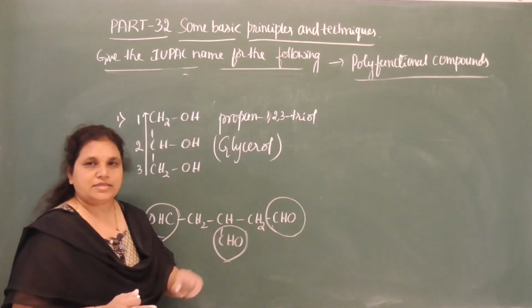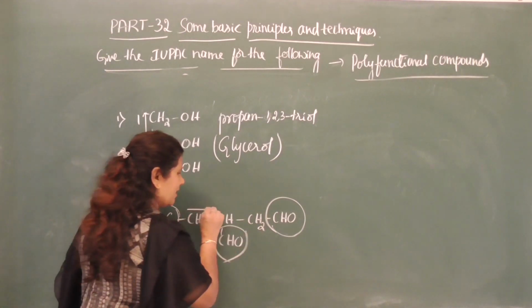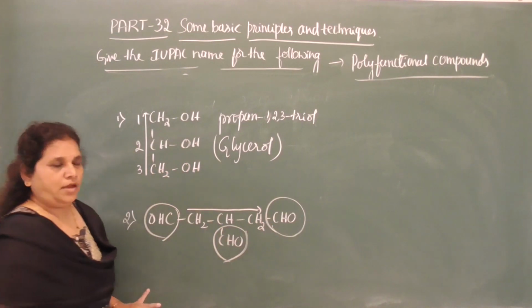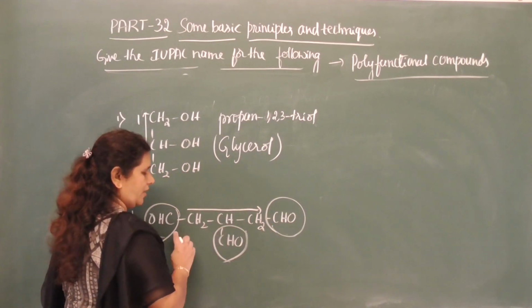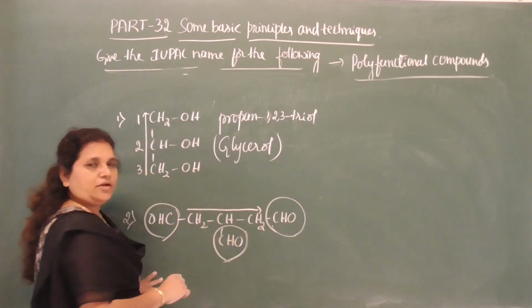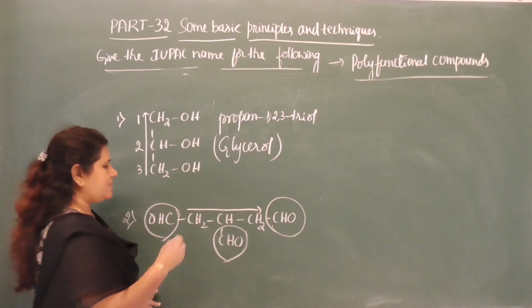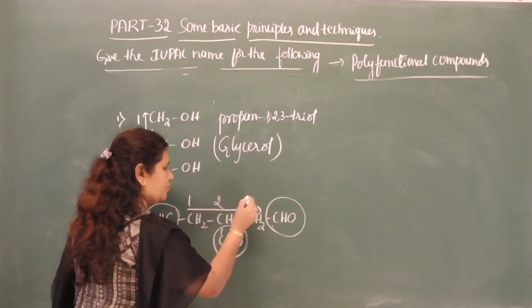Therefore the selected carbon chain is this. And you can give the number from left to right or from right to left, the sum of the locants remains the same. So 1, 2, 3.